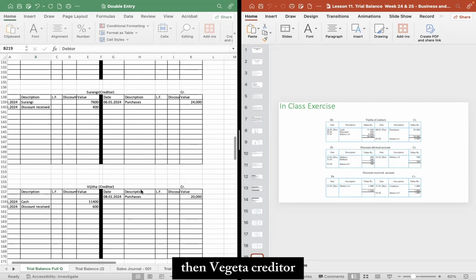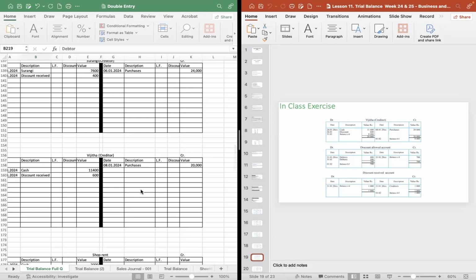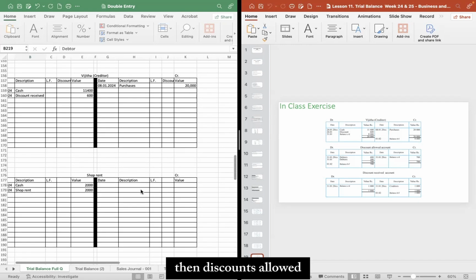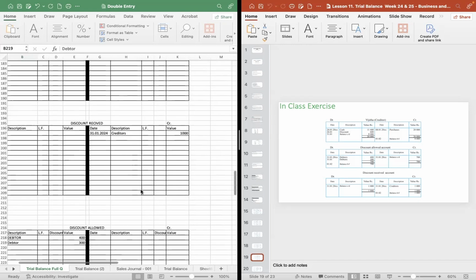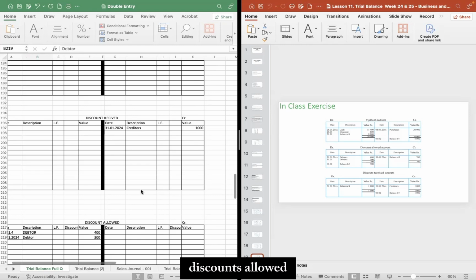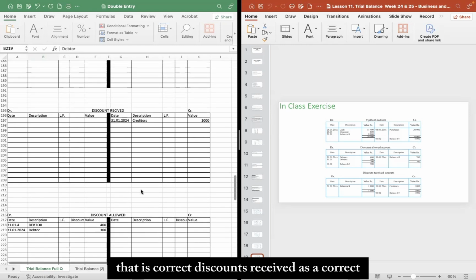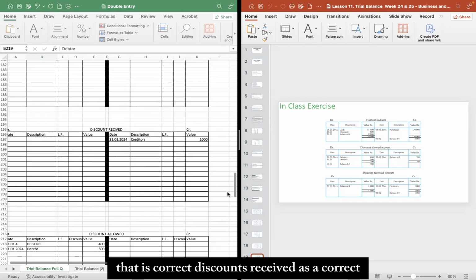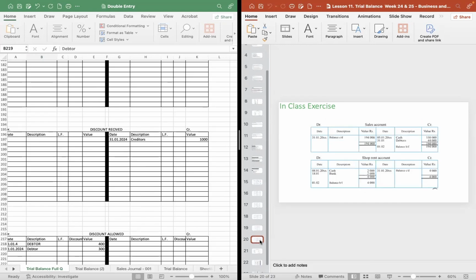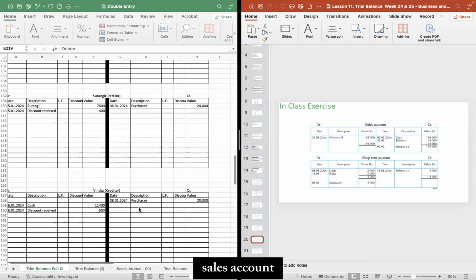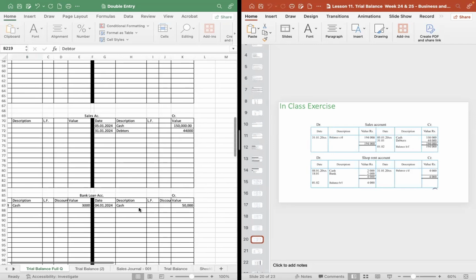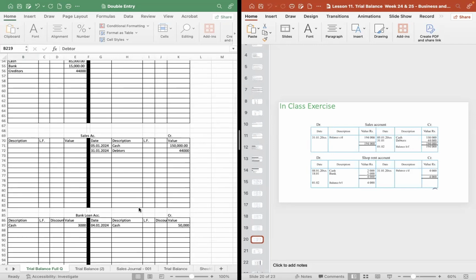Then Vijita creditor, correct. Then discounts allowed, that is correct. Discounts received also correct. Sales account, correct.